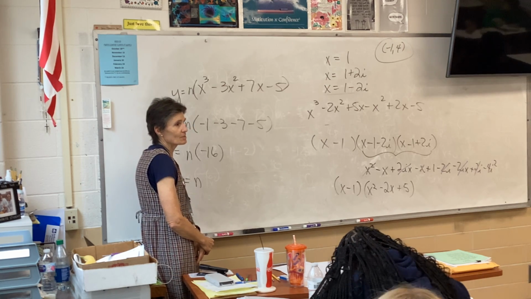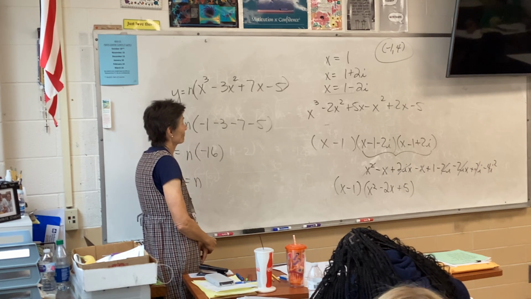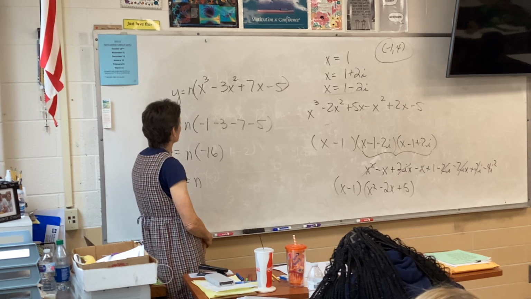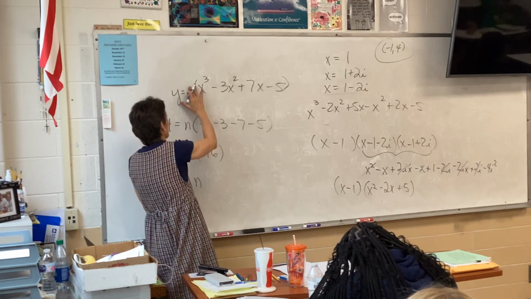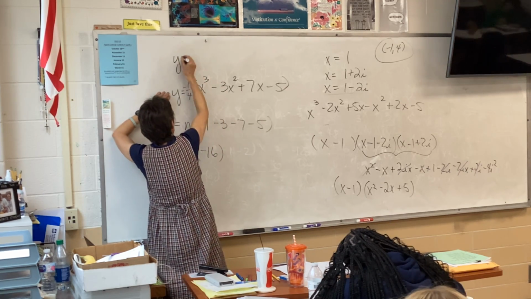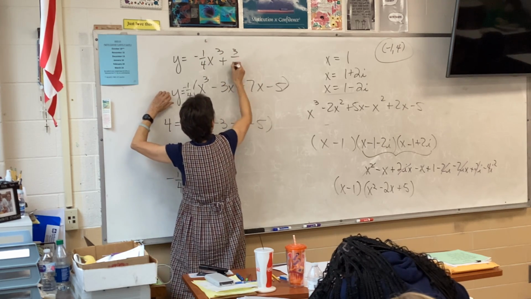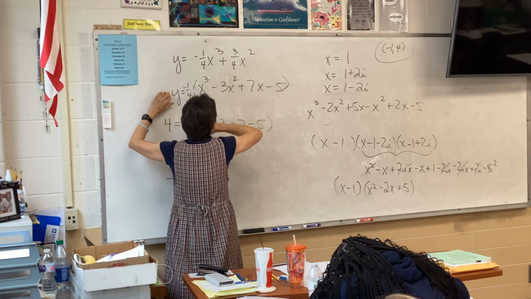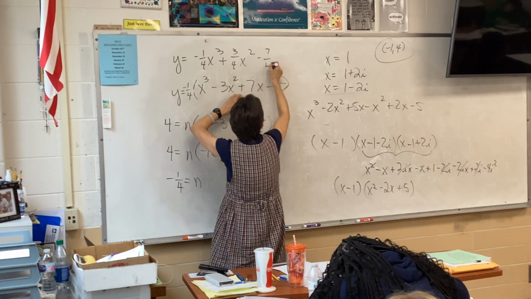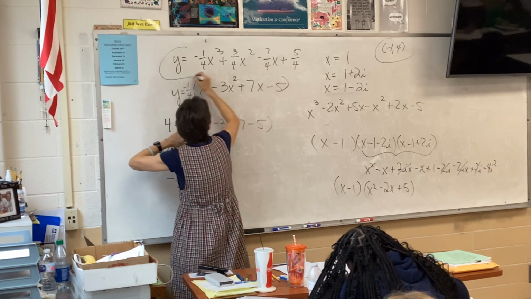I agree. Do you agree with me? Okay, so then I'm gonna put a negative 1/4 out here in front. So my final answer, after all that work, just distribute your negative 1/4. That's what I got as my final answer.